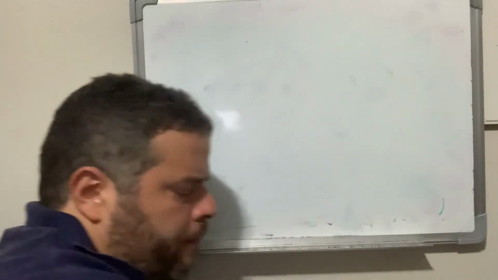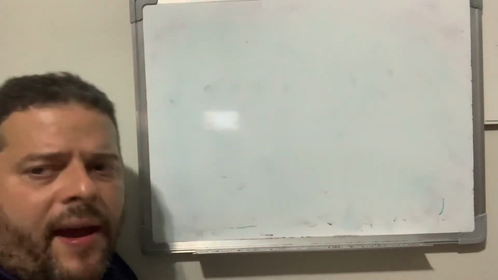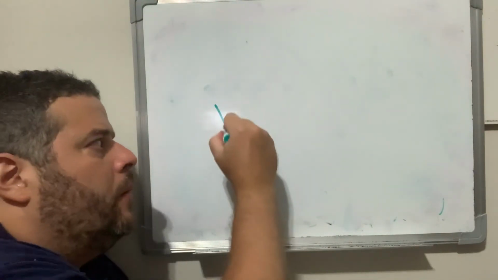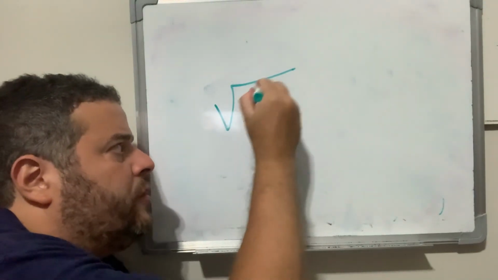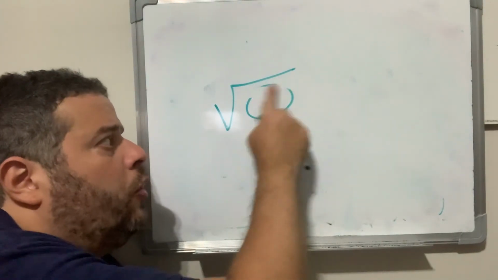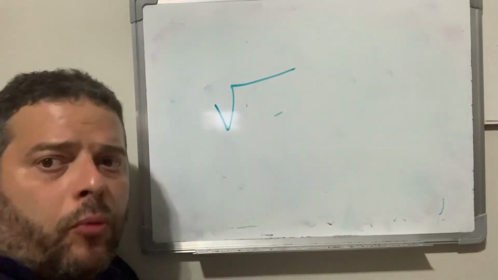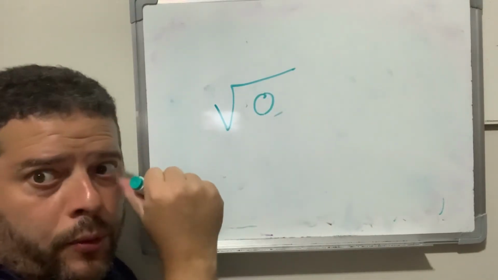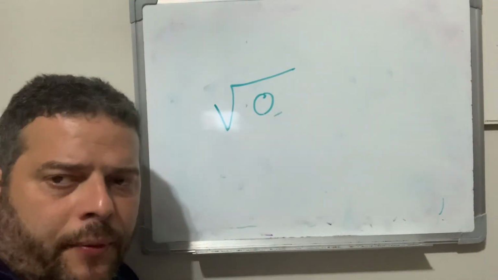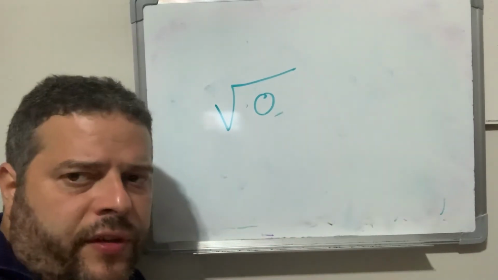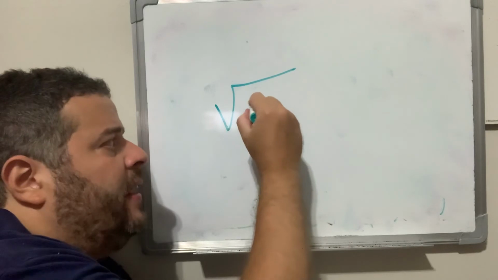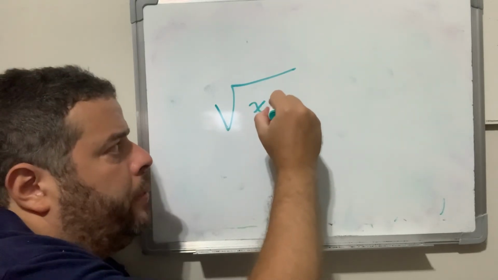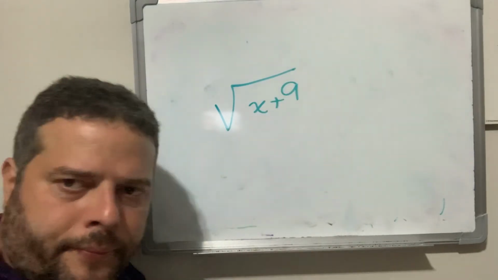Now, the other parent function that has a limited domain would be the square root. Because again, the number inside the square root has to be greater than or equal to 0. 0 has a square root, 0. Any number greater than or equal to 0 has a square root. So let's say, for example, they say square root of x plus 9.